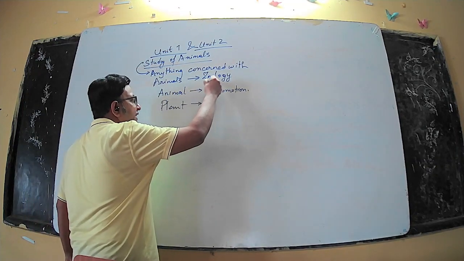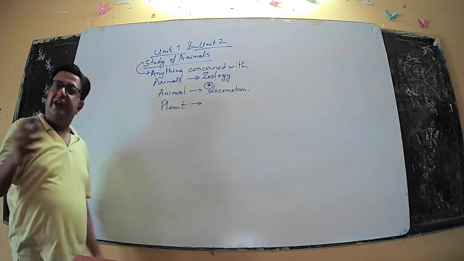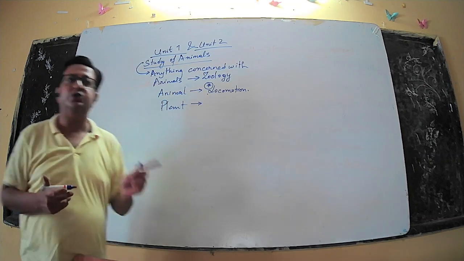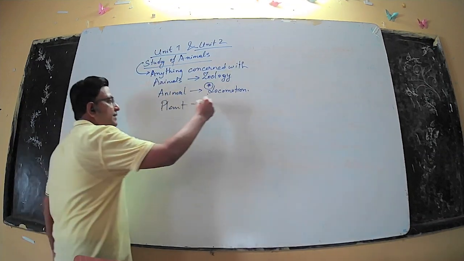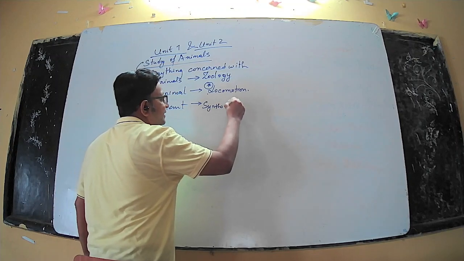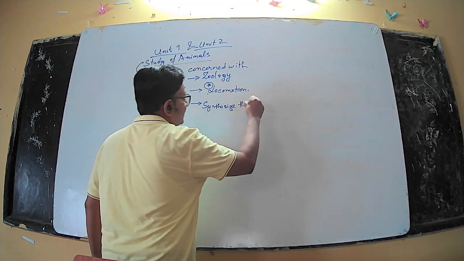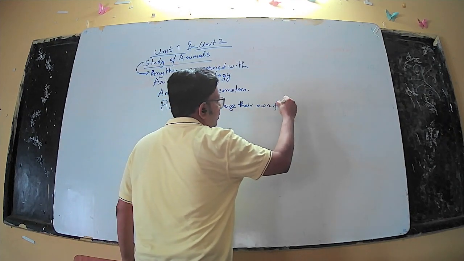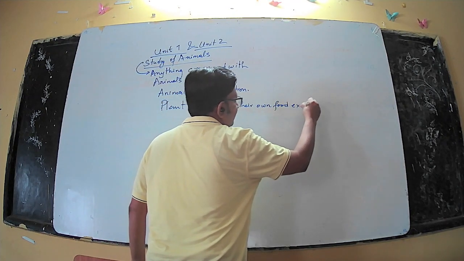There are also sessile animals, but you cannot exactly distinguish between plants and animals. One of the most important criteria is plants synthesize their own food exclusively.